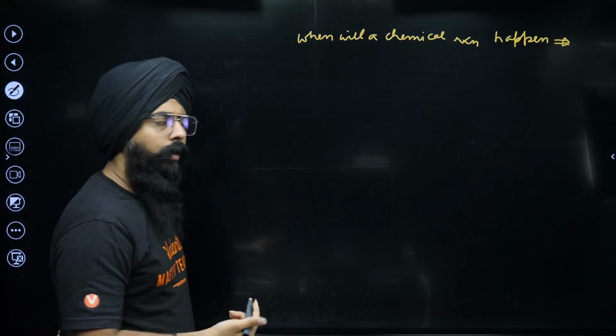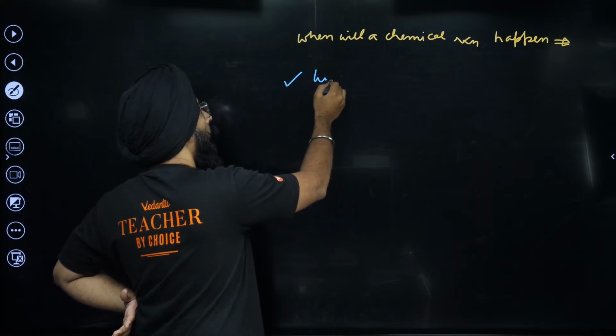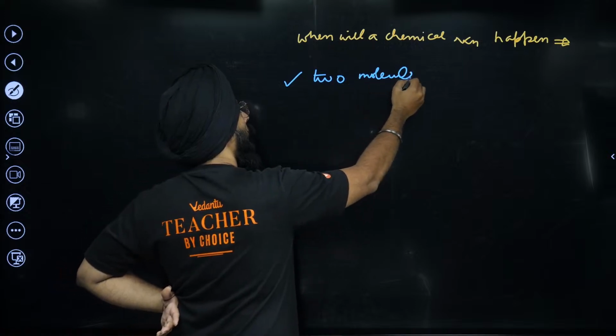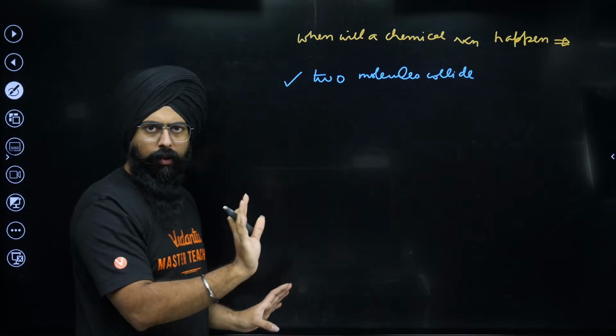A chemical reaction will occur under certain conditions. First of all, when two molecules collide. And I'm assuming it's a bimolecular reaction.